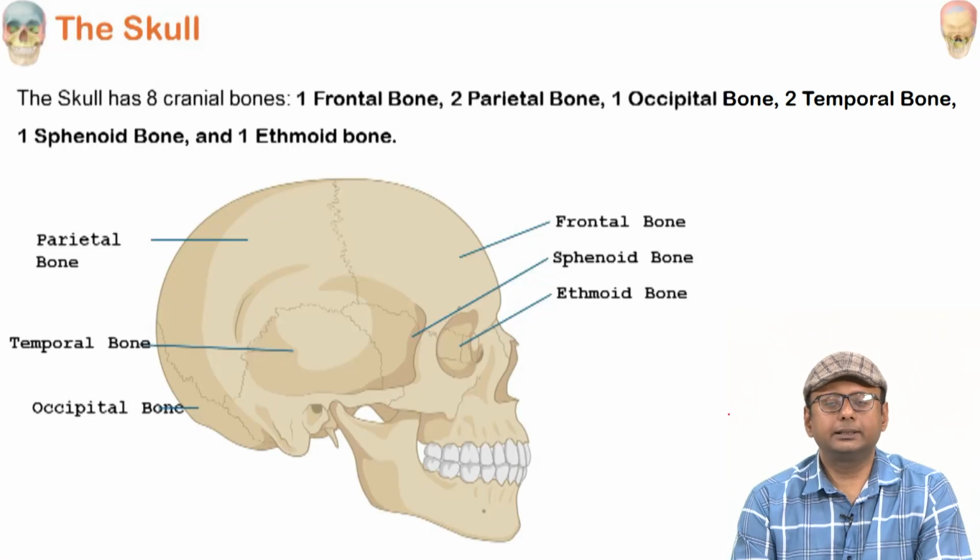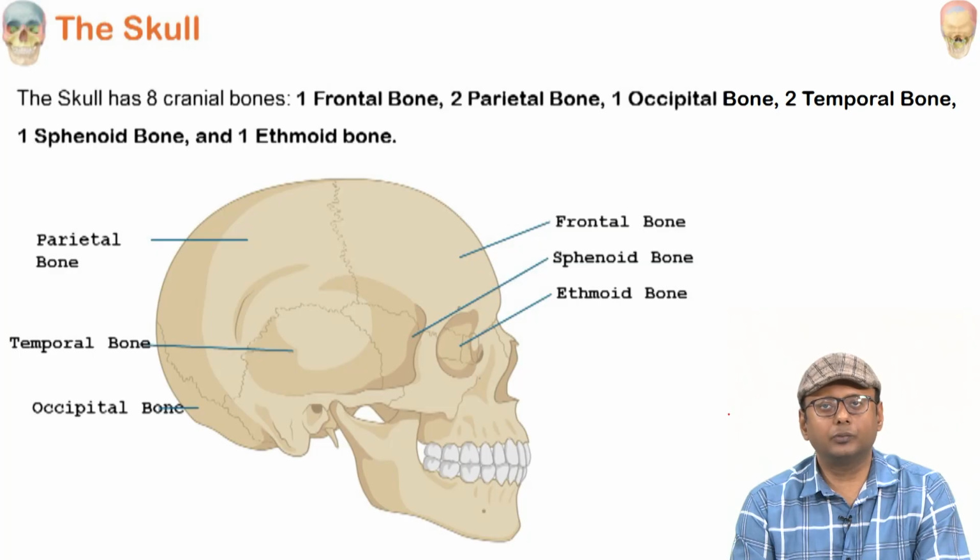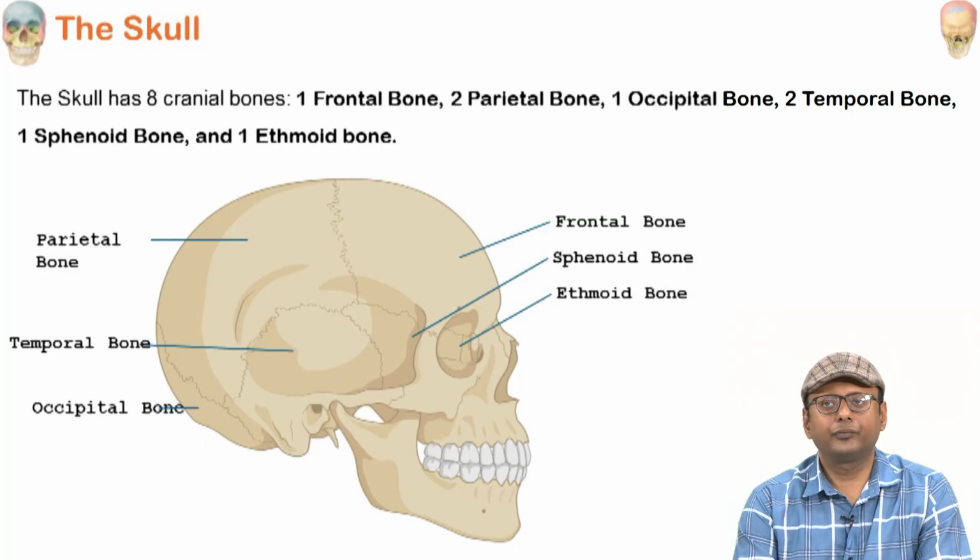Next, let's see in detail the different types of skull bones. In our skull we have one frontal bone. In the frontal region we have one bone, then we have two parietal bones. You can see in this parietal region we have two parietal bones.